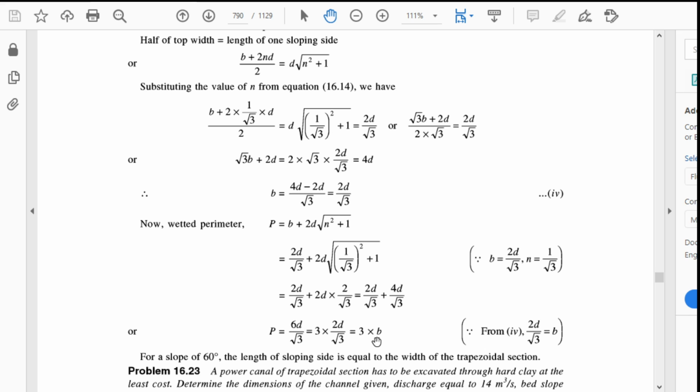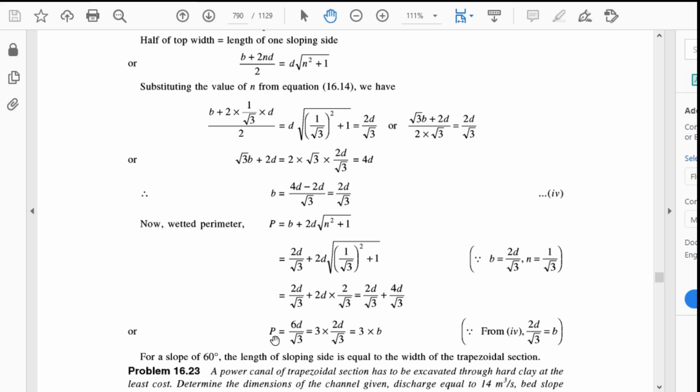By doing all these theory parts, you can simply say that for the slope of 60 degrees, the length of the sloping side is equal to the width of the trapezoidal section.